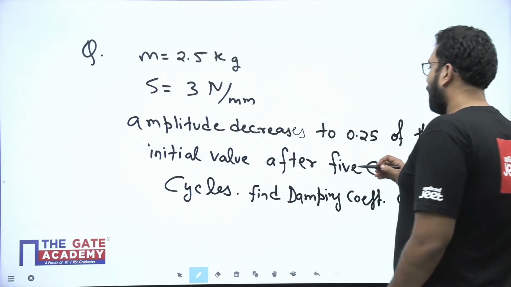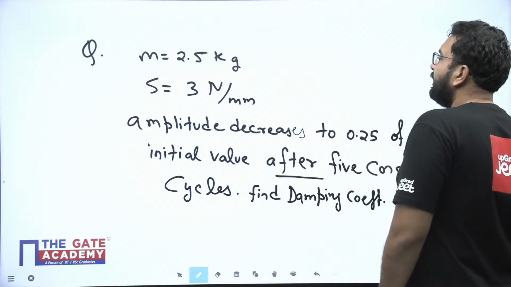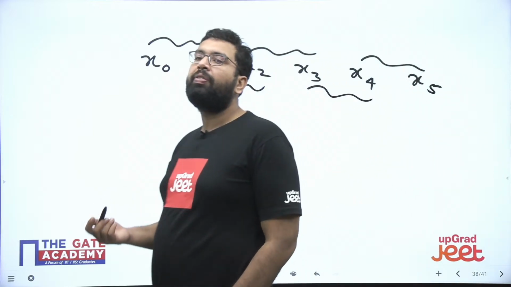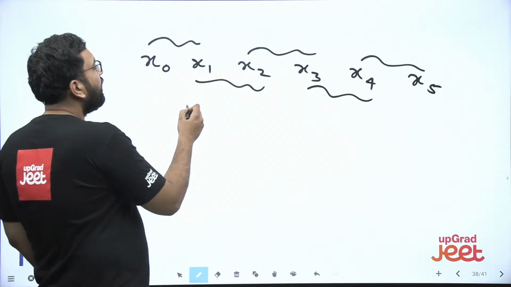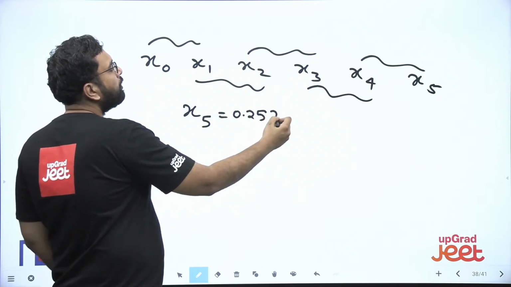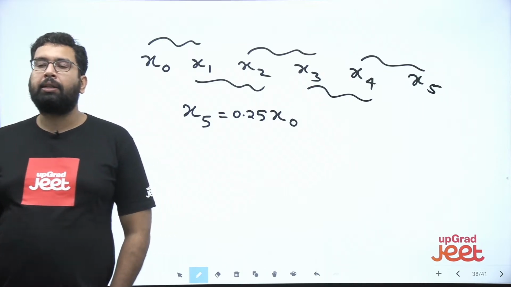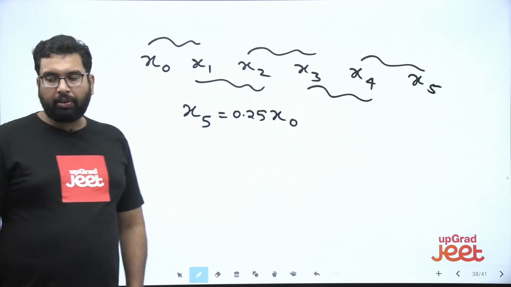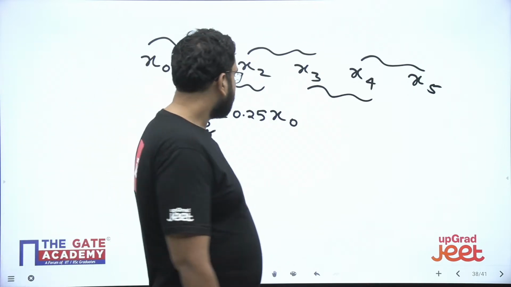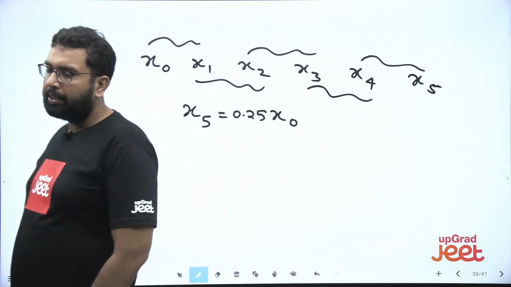Okay, so after means what? Initial value is x0, and after the fifth cycle means that you are given that x5 is 0.25 of x0. I hope first of all we realize this thing, that x5 is given to be 0.25 of x0. Is it clear, beta? Please answer me.